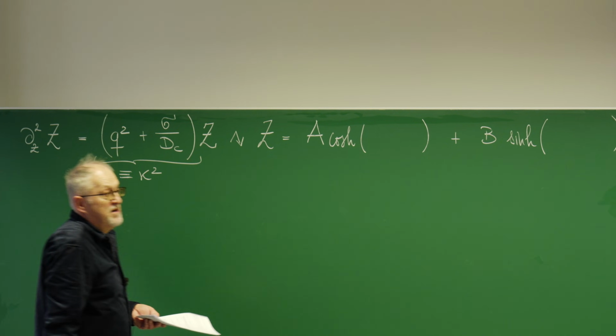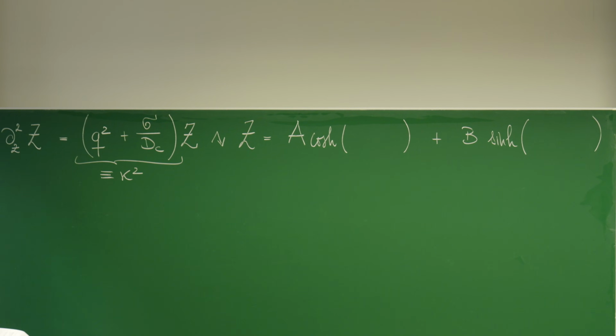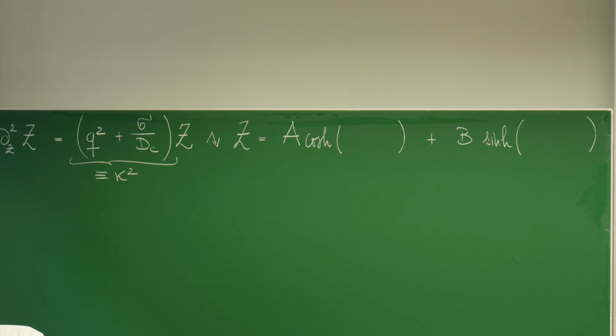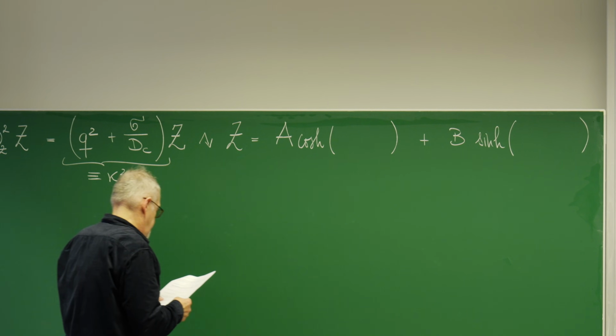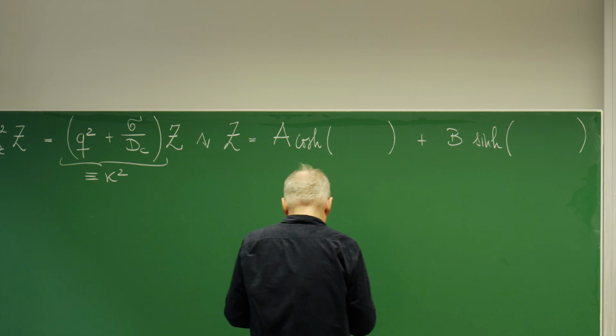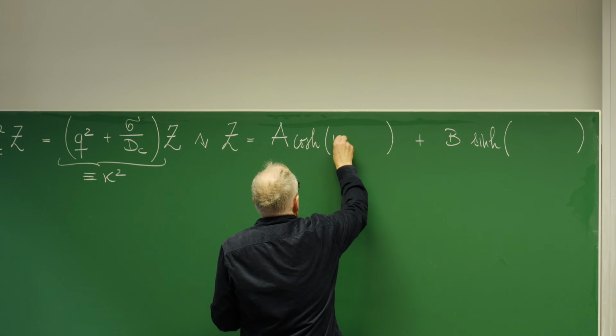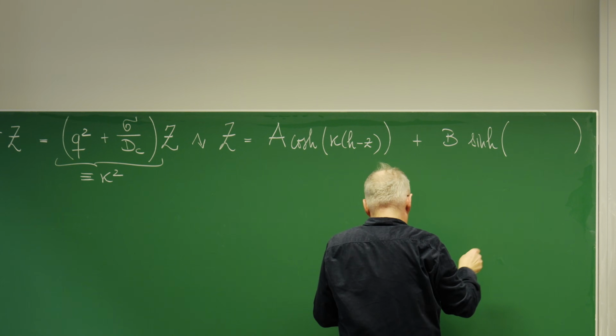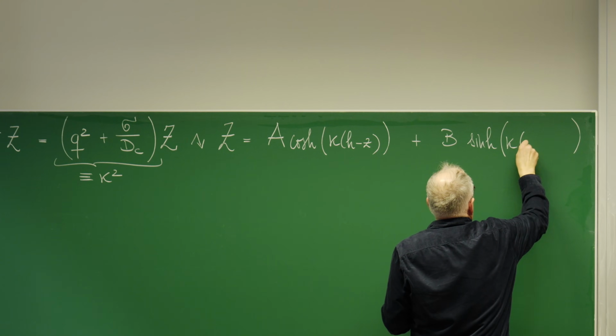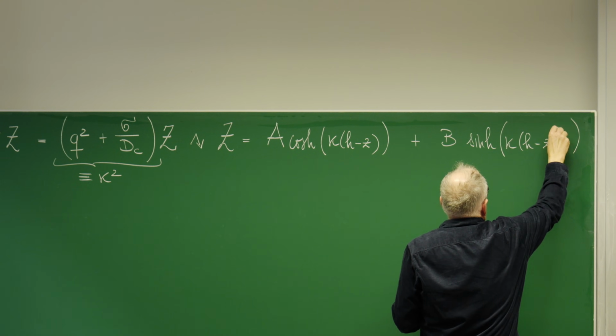And I use the freedom that I have in shifting the argument such that I'm obeying the proper boundary conditions. So I have this as kappa (h minus z), and this here also as kappa (h minus z).